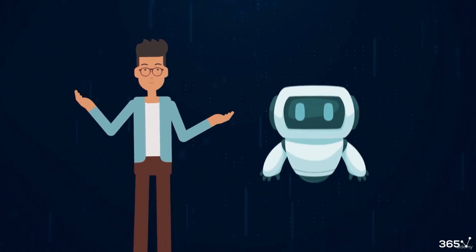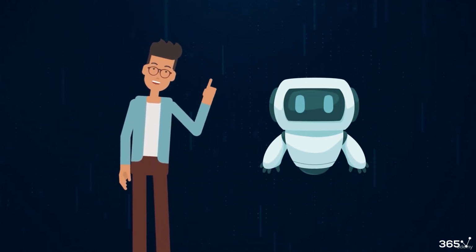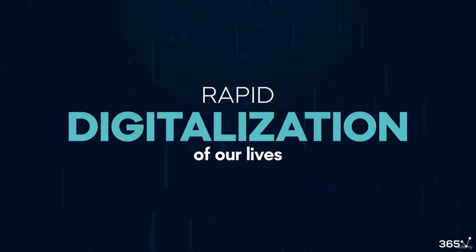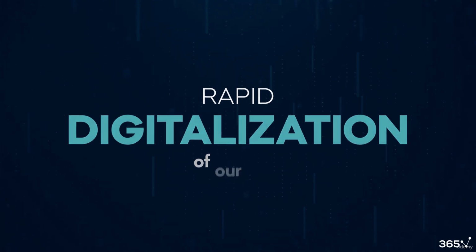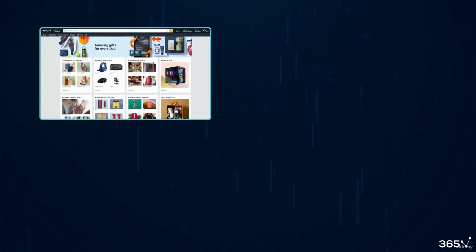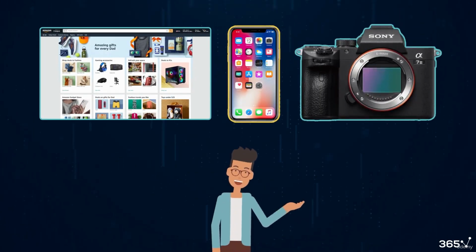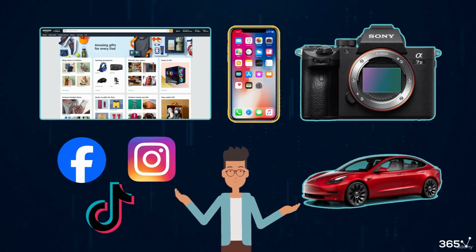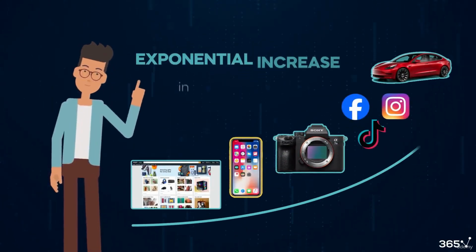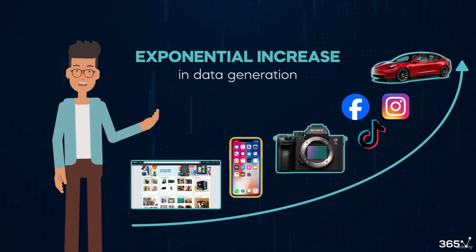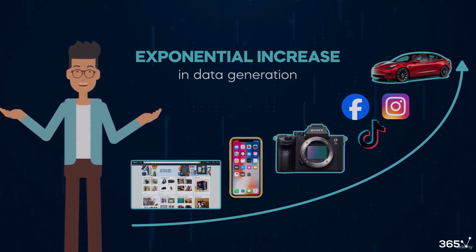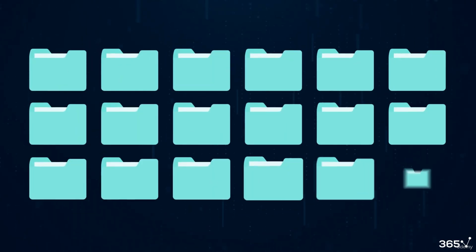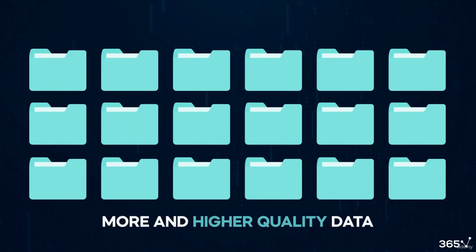The main reason for the advancement of AI in recent years is the rapid digitalization of our lives. The growth of online shops, mobile phones, cameras, social media, sensors, and the Internet of Things devices has led to an exponential increase in data generation. Today, we enjoy access to not only more data, but also significantly higher quality data.